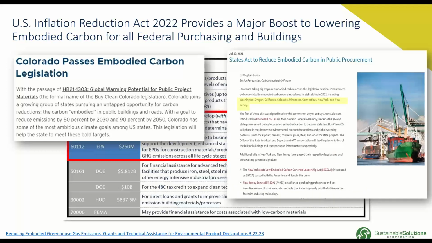We're seeing other states like Washington, Oregon, California, New York, New Jersey, Connecticut, Minnesota, all starting to pass legislation where they're going to be requiring environmental product declarations and setting what we call global warming potential limits on products like asphalt, cement, concrete, glass, steel, wood, etc., that would be used in state projects.